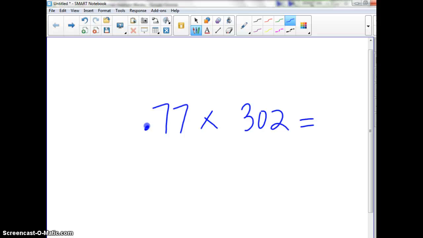Estimated product at the end. America, it's time to start. Good job, Eileen. Don't forget the point. Straight, there you go. Now you can multiply.